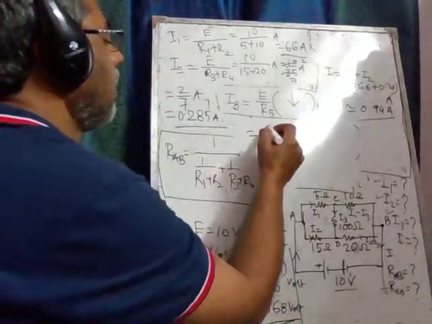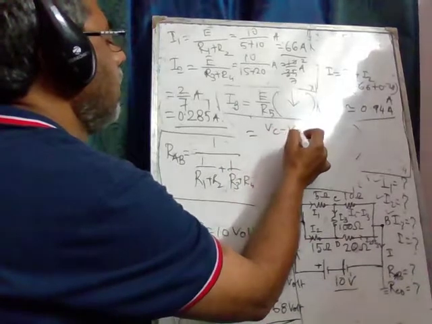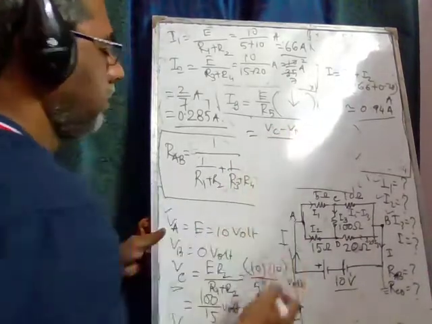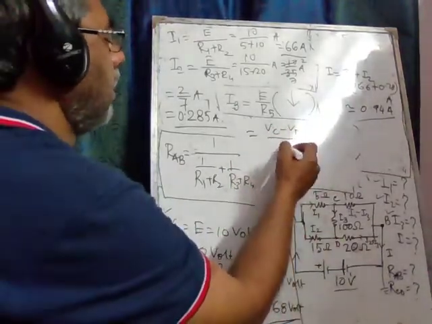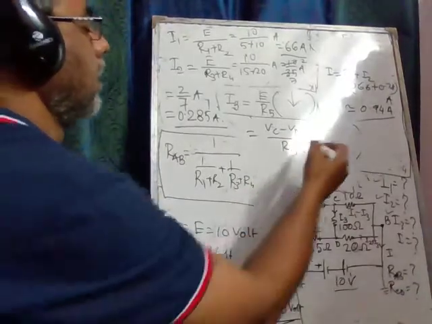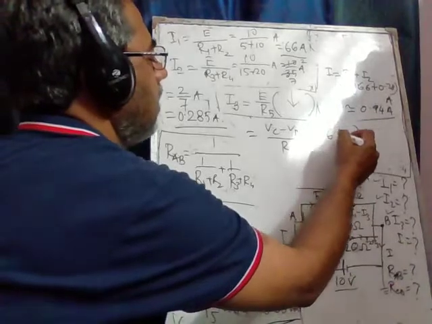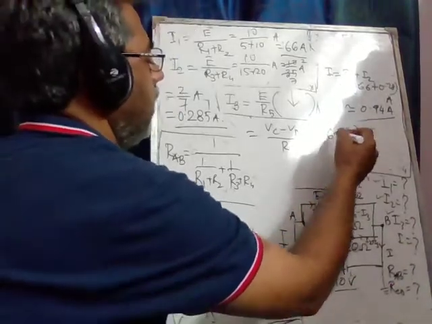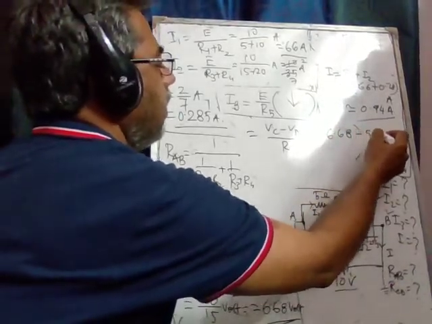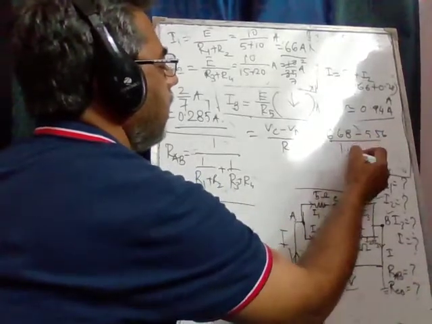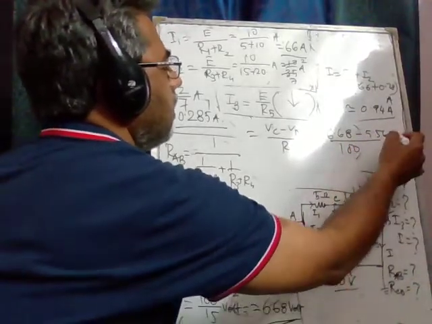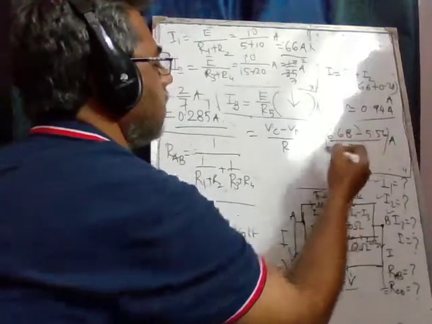This is nothing but VC minus VD over R5. This one is easier. So what is VC? VC is 6.68 volt and VD is 5.56. R5 is 100 ohm. So this is this much ampere.